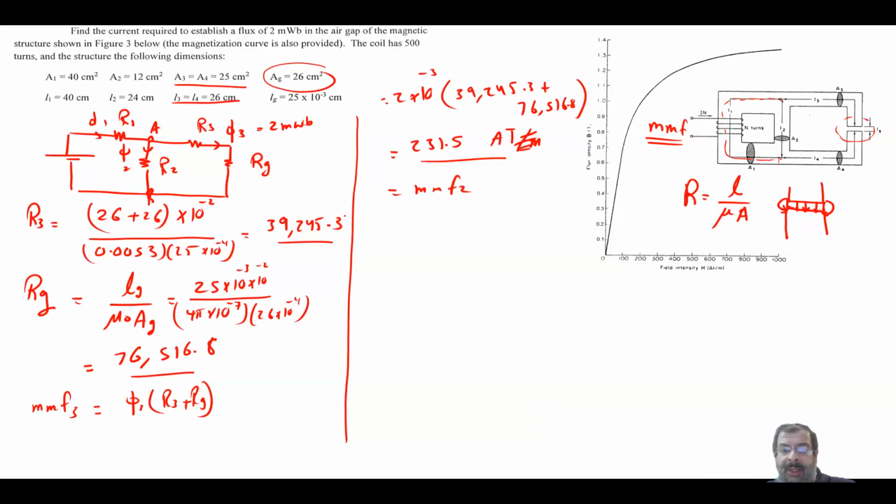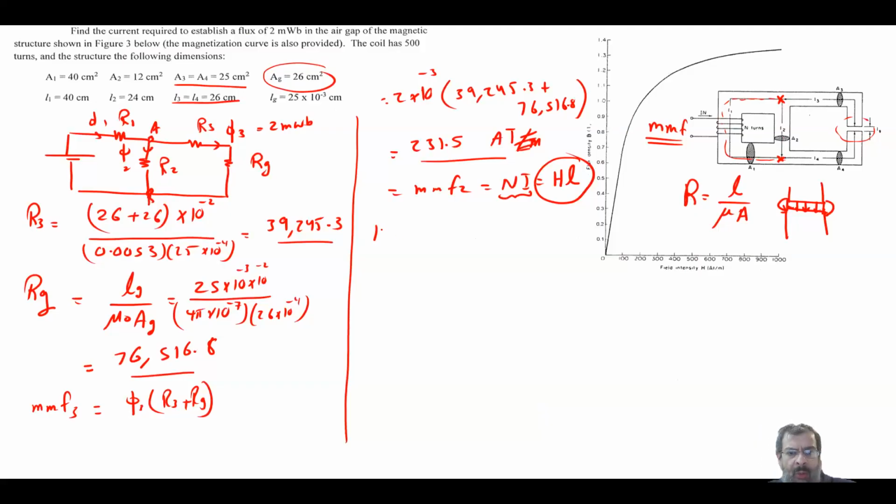Now, Ni equals H times L. Of course there is no N here, but this is basically like the voltage, the MMF, so it is better represented as H times L. So from this I can find H, between this point and that point, which is MMF3, but because this branch is in parallel with this, it's the same as that branch.